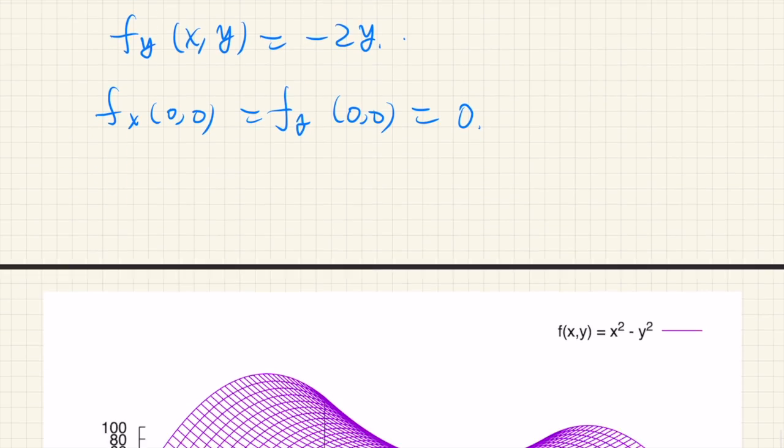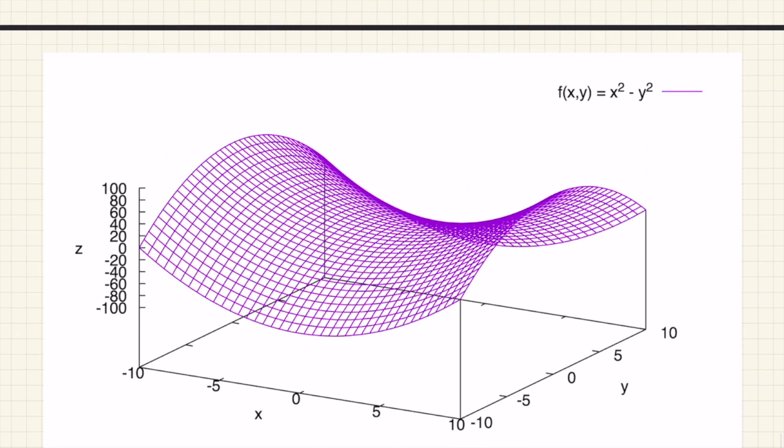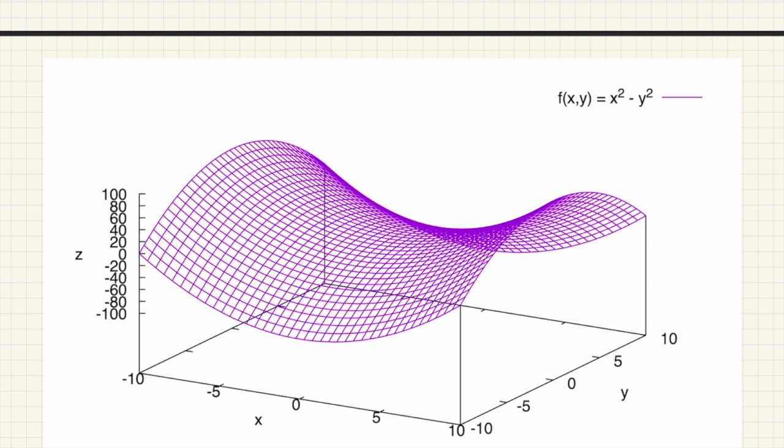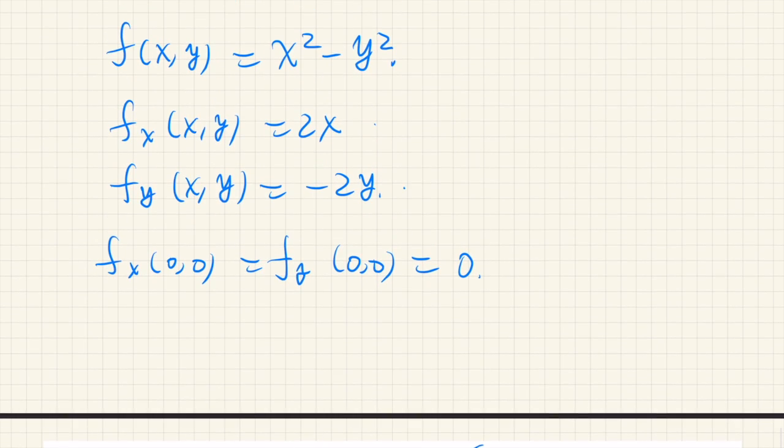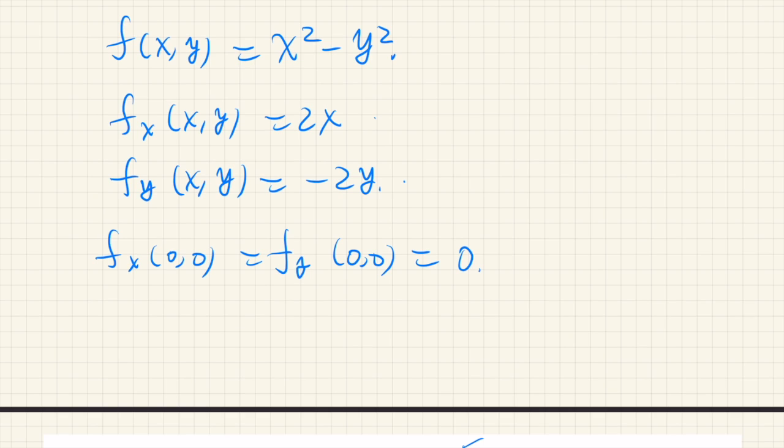But if you look at this graph, this is the graph of this function. If you look at this plane where x is 0, the graph looks like this. It's concave. Let's see, if you put x equal to 0, then we have f(0, y) equals negative y squared.